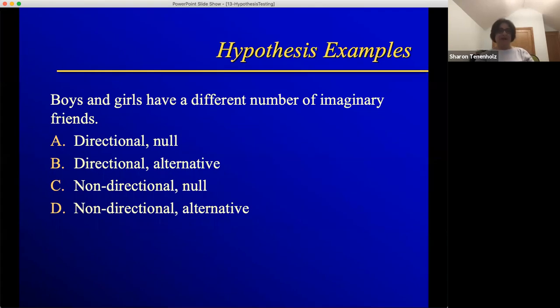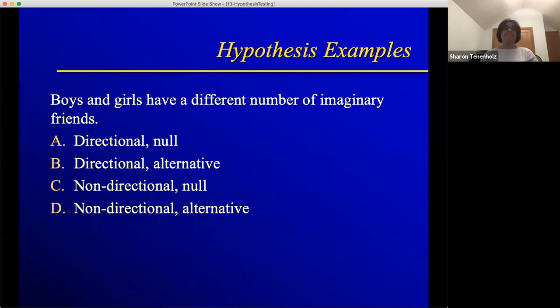Okay, let's take a look and see what we have here. Now our most popular answer is still alternative, but non-directional alternative. Correct. Good. It's non-directional here because we're not saying that boys have more imaginary friends or that boys have less imaginary friends.